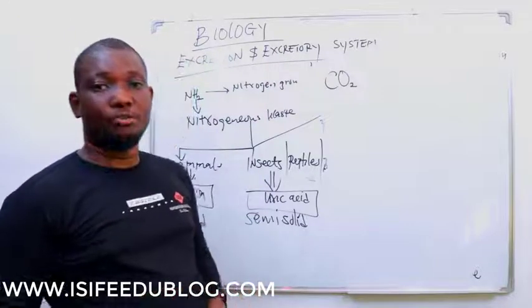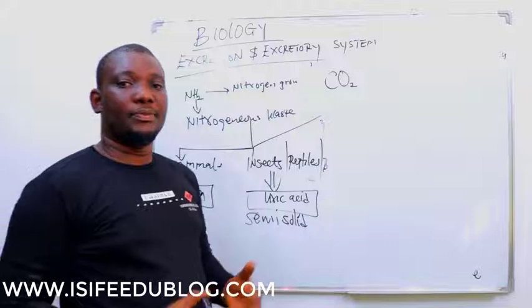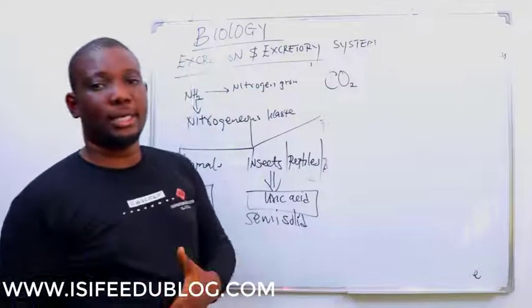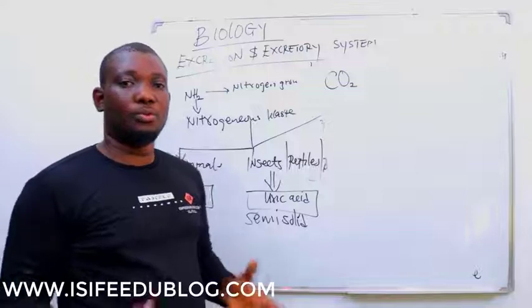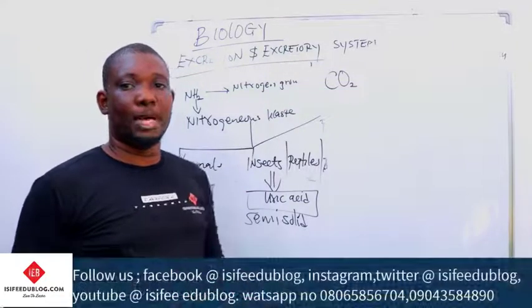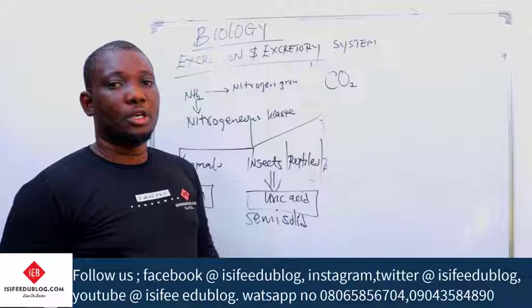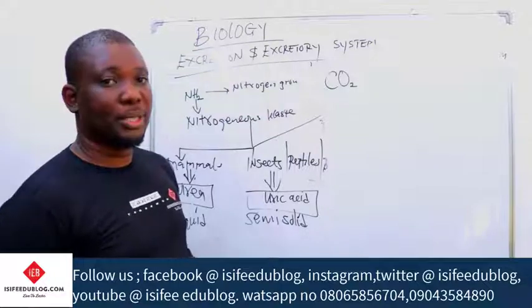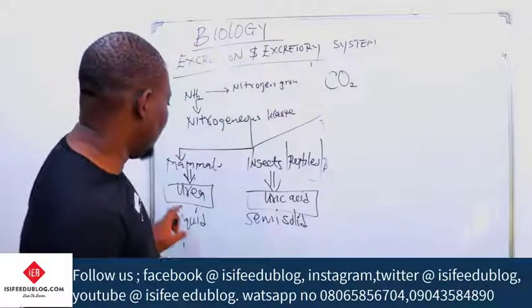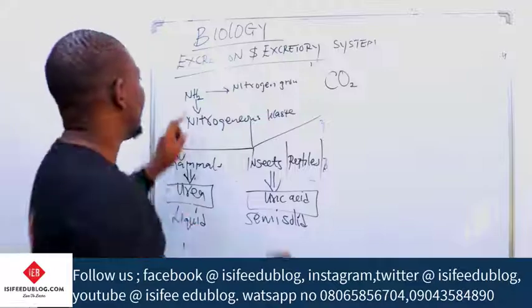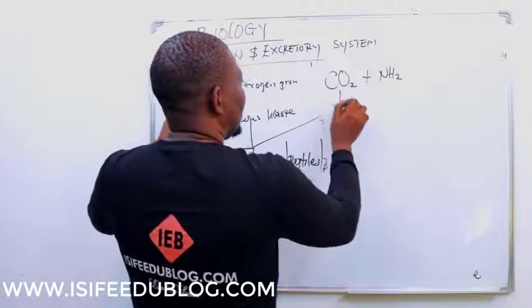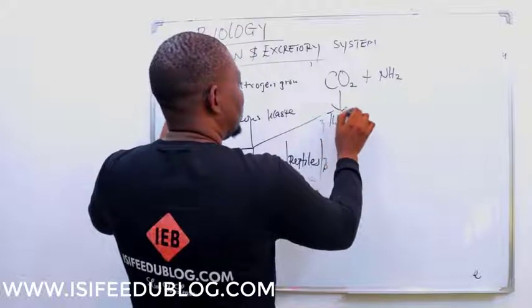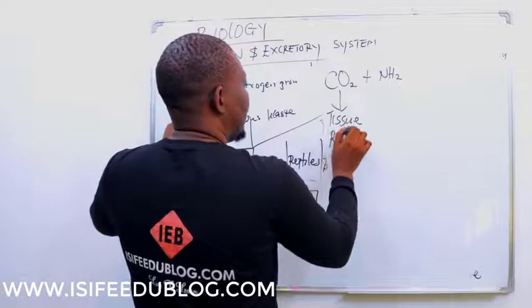The two are not allowed to mix, because if the water and the CO2 mix, a weak carbonic acid is formed. The CO2 basically combines with the amide, NH2. This CO2 is from tissue respiration.